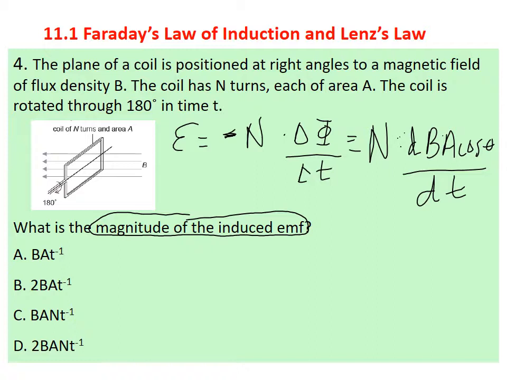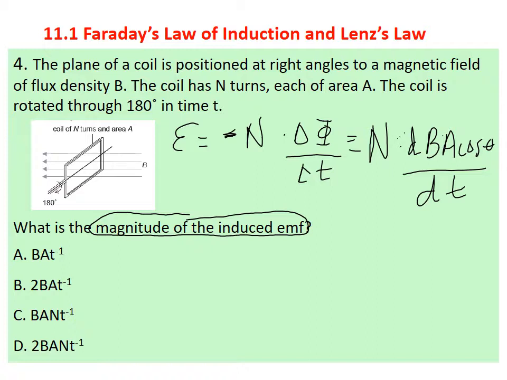When you do this in college, you can have a changing B with respect to time, delta A over delta t, or you could have delta cosine theta over delta t. In this case, I'm just going to focus on not necessarily taking derivatives here, but figuring out at the instant the coil is oriented at 0 degrees, what is the EMF, and what's the induced EMF the instant the coil is oriented at 180 degrees.